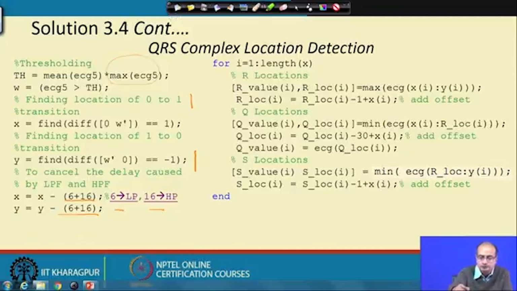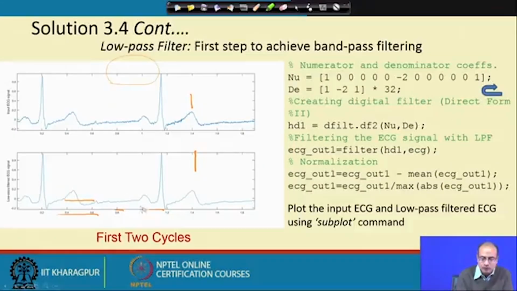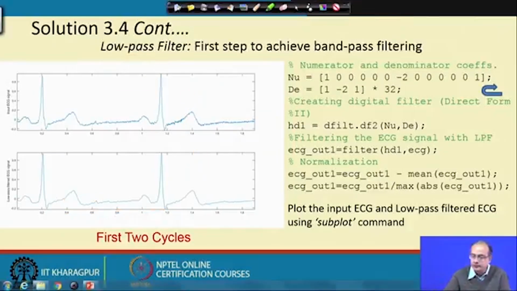We need to look at the low pass filter again, which gives a delay of 6, and that is the reason we need to give an offset to remove that.